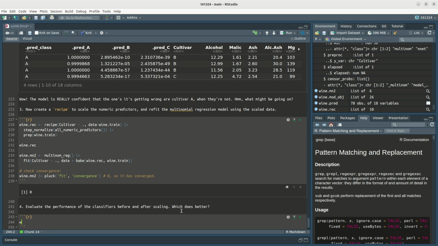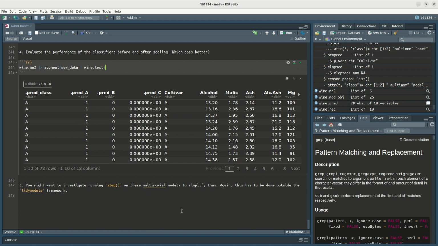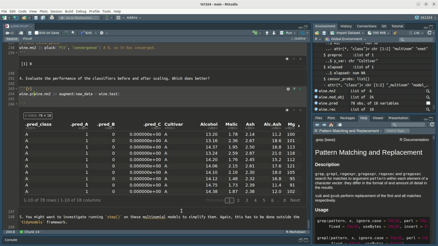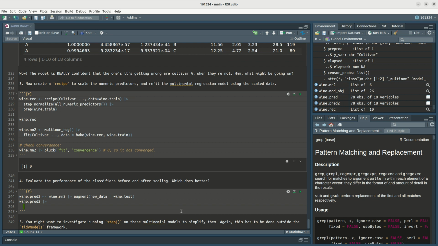So for our predictions, we're going to augment, and the new data is going to be the test data. And then we're going to evaluate how well we do by looking at the confusion matrix.